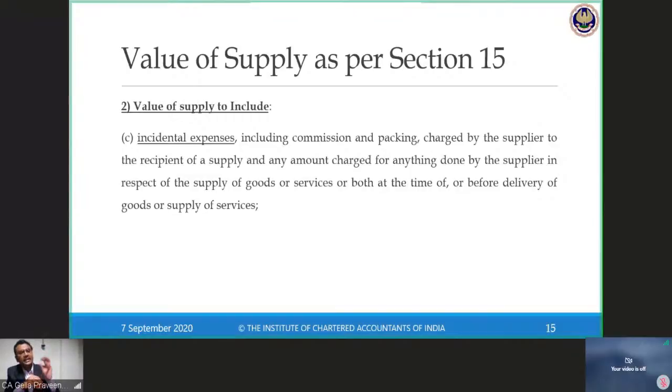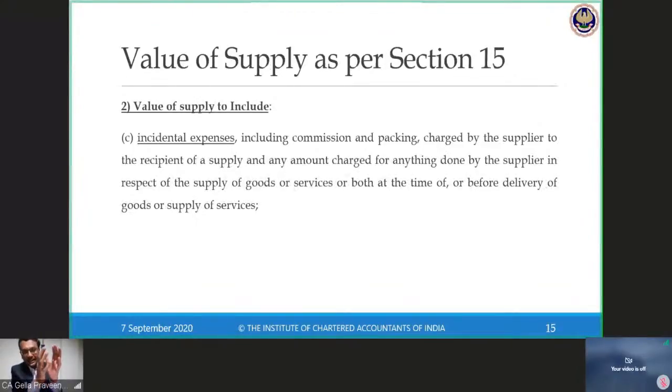Clause C says incidental expenses including. Now look at the language, including: it does not mean only those items which are included here should be included. When I say incidental, the Oxford dictionary says incidental is anything done in or in relation to the main course of activity.